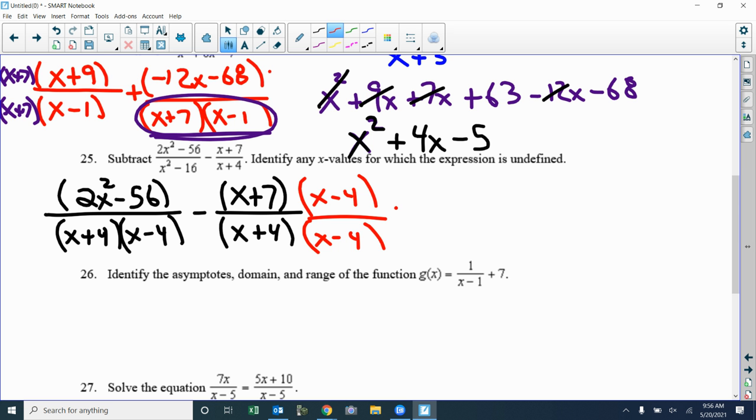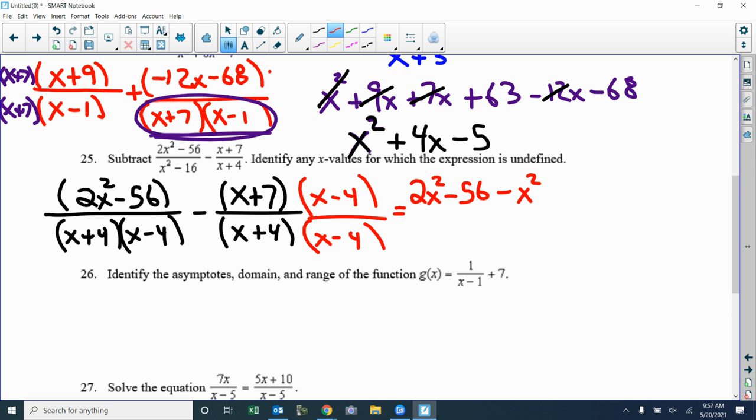We will FOIL this. I'm gonna go ahead and bring this along. 2x squared minus 56. Now, that is subtract all that, so we can do it as we go, which I think I'll do. I'm just gonna make this negative x. Negative x times x will give me negative x squared.